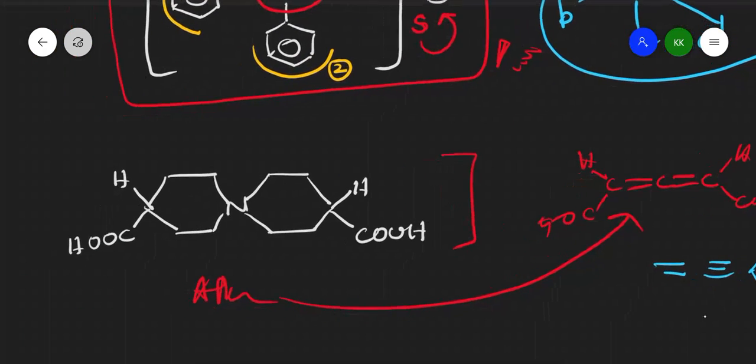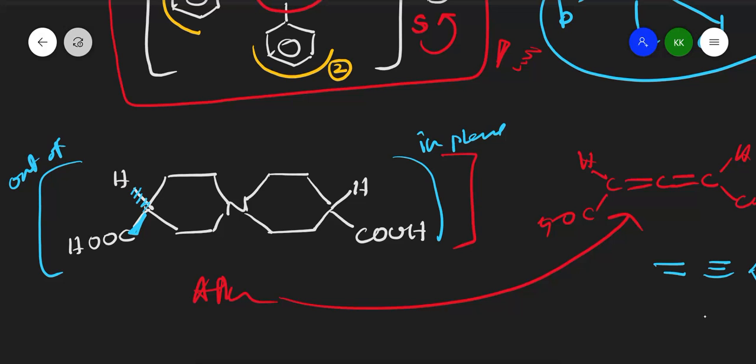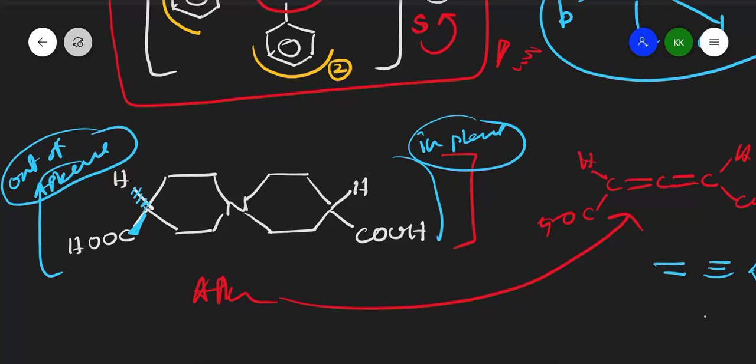Here one hydrogen can be below and this COOH can be above, whereas these two will be in plane and these two will be out of plane. If you have studied the stereochemistry of allene, you will know one set is out of plane and the other is in plane.